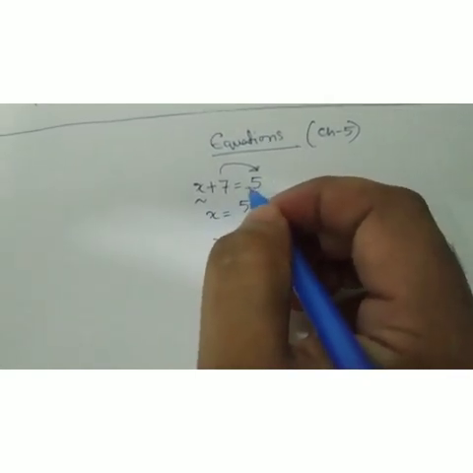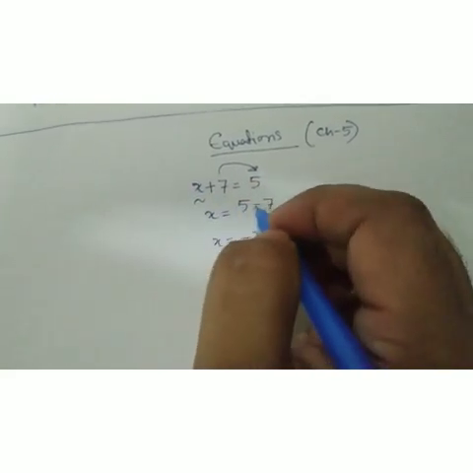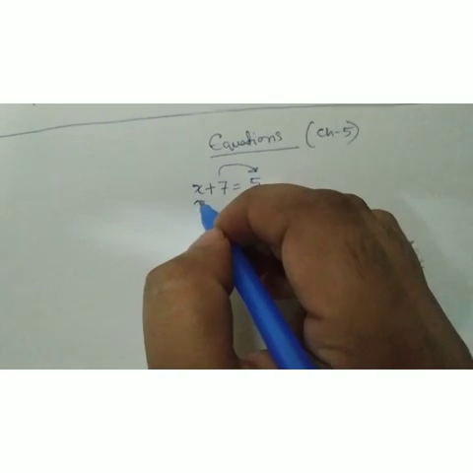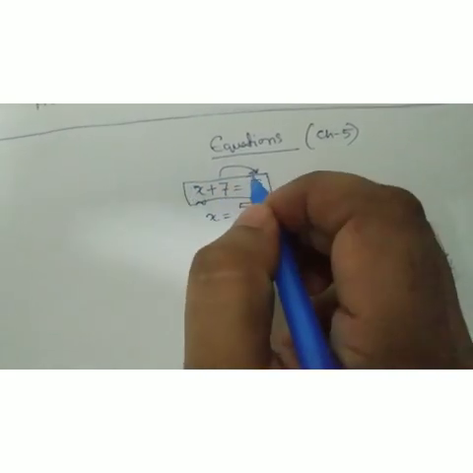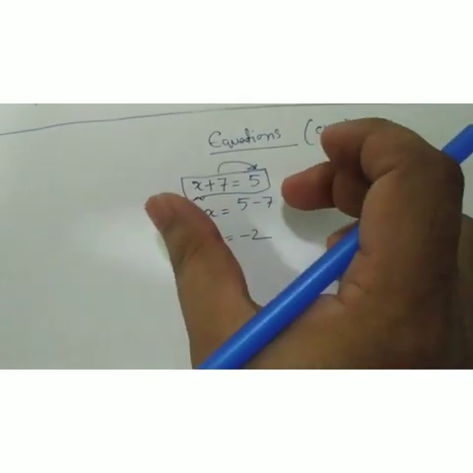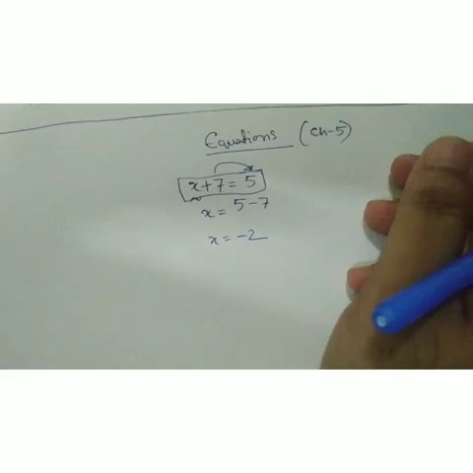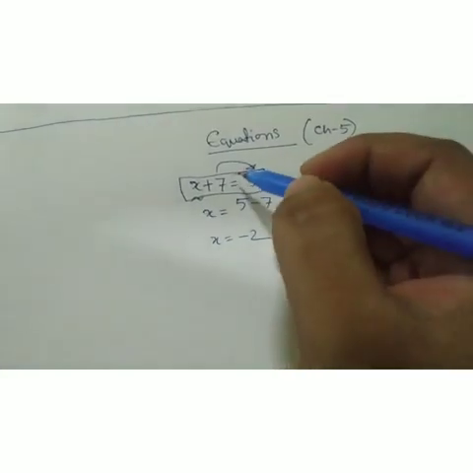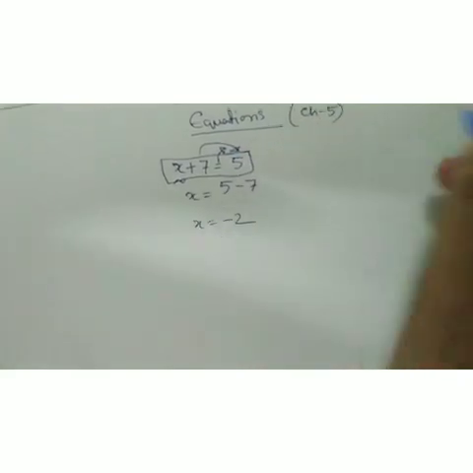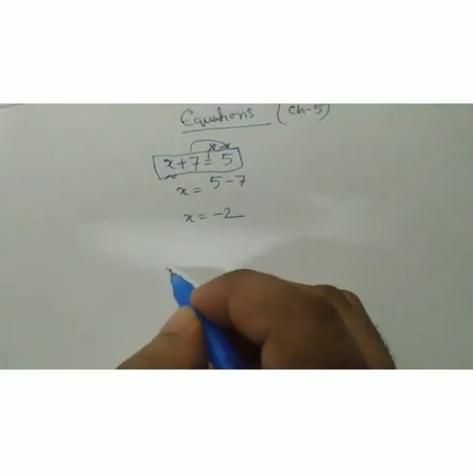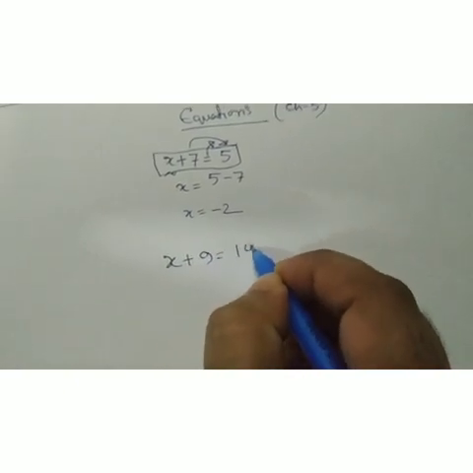So this sort of problem, where we actually found the value of x, is actually an equation. How can we say whether an algebraic expression is an equation or not? An equation will have an equal sign. Just to write it more clearly, let's say x plus 9 equals 14.